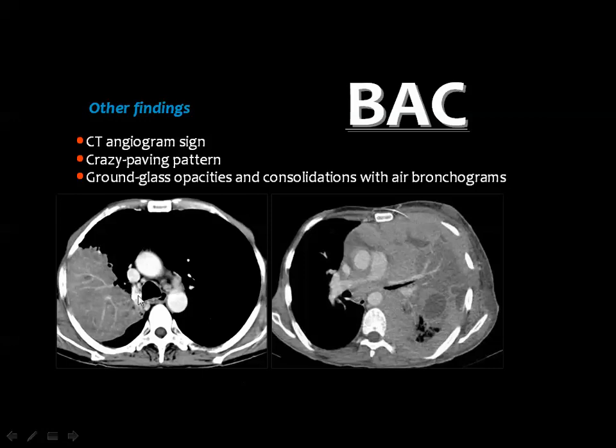This is known as the CT angiogram sign, which is not pathognomonic for bronchoalveolar carcinoma. The crazy paving pattern, which is seen particularly in alveolar proteinosis, may be seen here also. Ground glass opacities and consolidation with air bronchogram, as I have mentioned before.